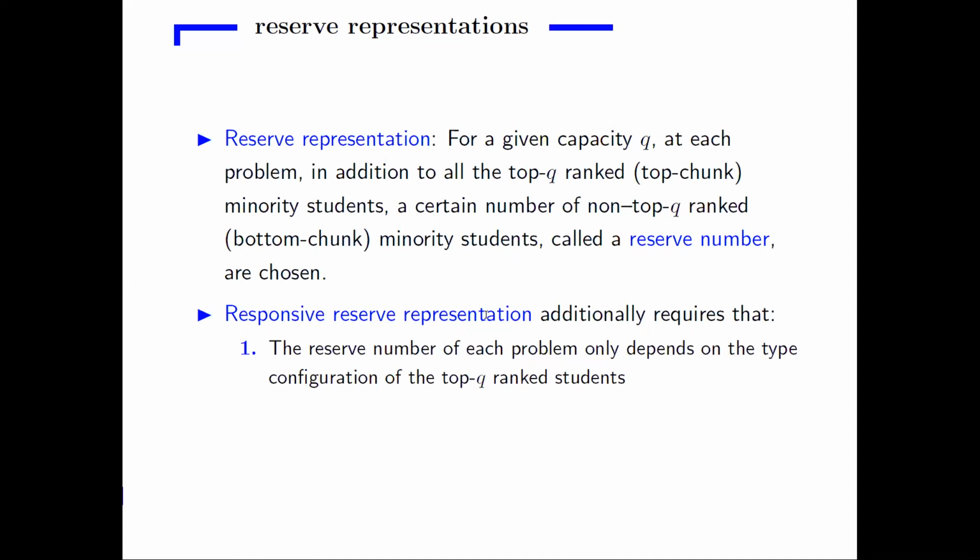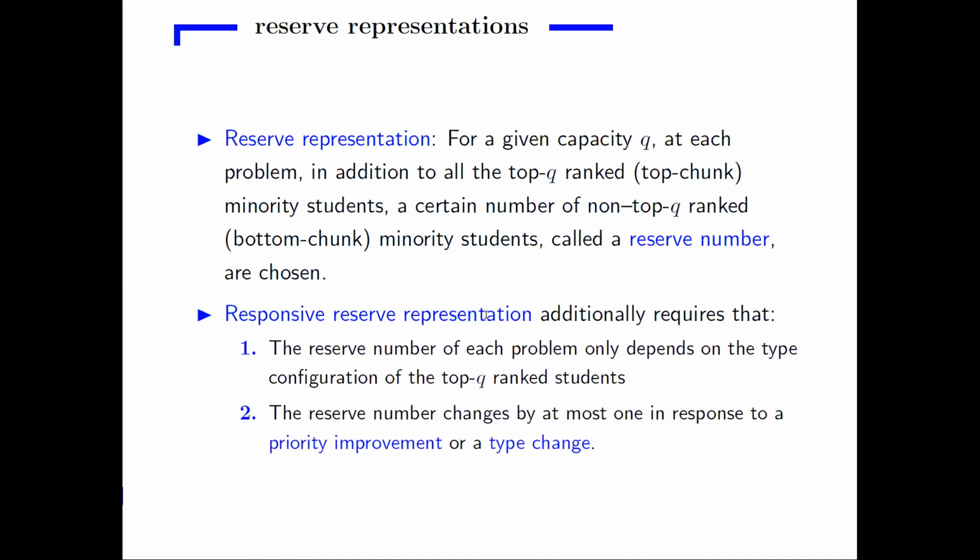Only these type configurations for the top chunk matter. The bottom chunk does not matter at all. The names in the top chunk do not matter at all. The only thing that can matter is whether a minority is first ranked, second ranked, third ranked, and so forth.